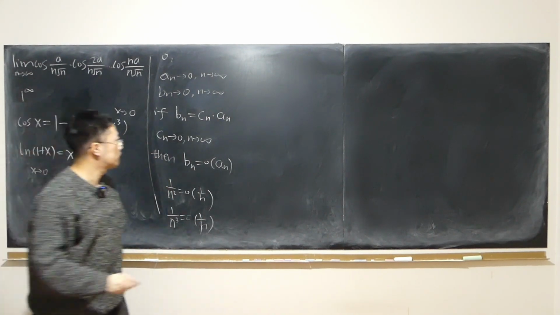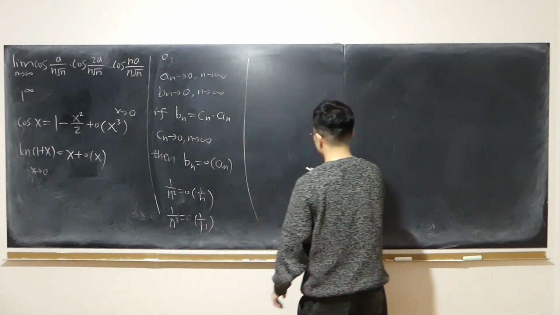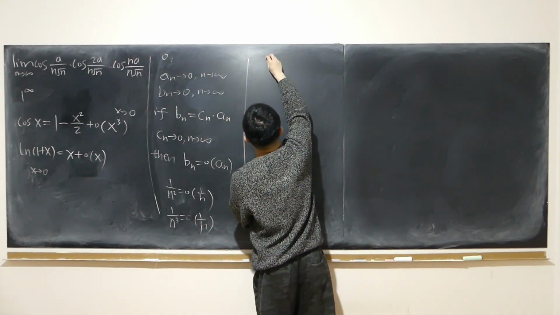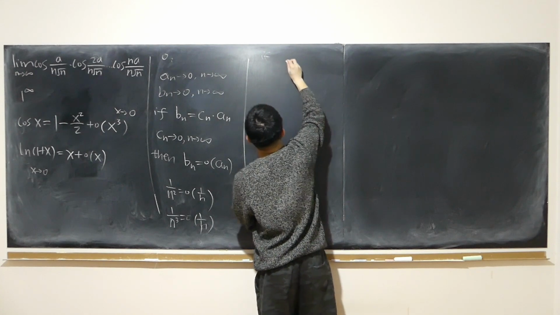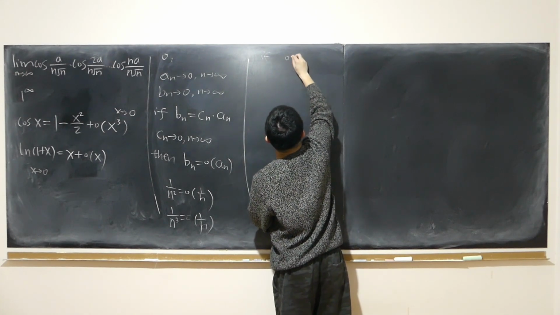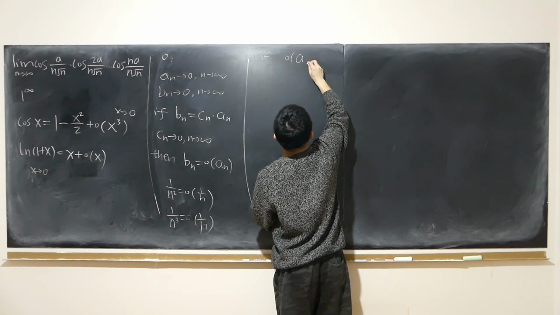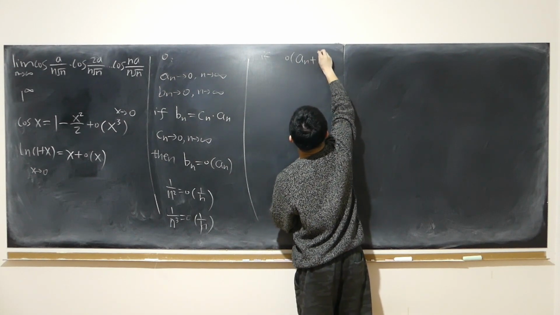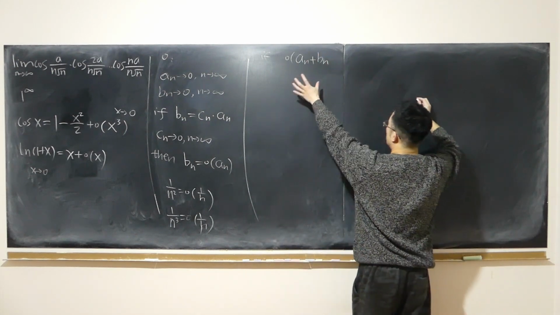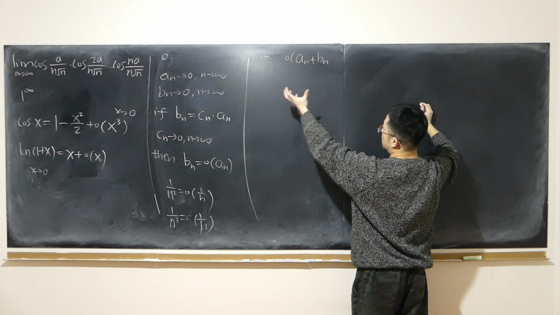Obviously. Now, the other fact: if we have little o of, for example, several terms, an plus bn, perhaps just 2 terms, but more terms can be proven in the same way.